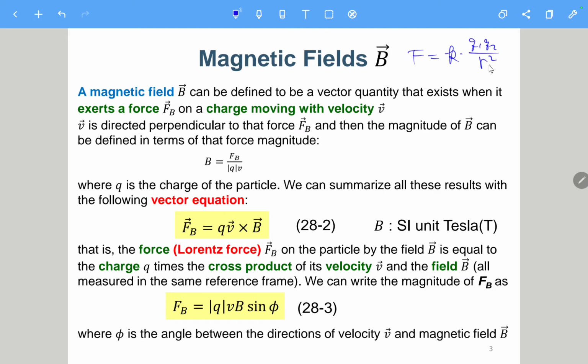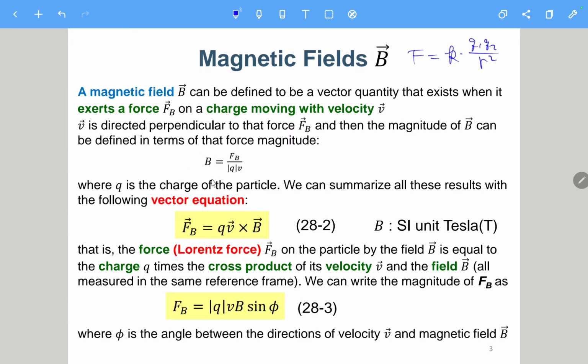At that time, we just assumed that Q1 and Q2 were stationary, just placed there. If there are two charges, no matter whether positive or negative, there will be force acting on each other. If they have the same sign, they will repel each other. Otherwise, they will attract each other.